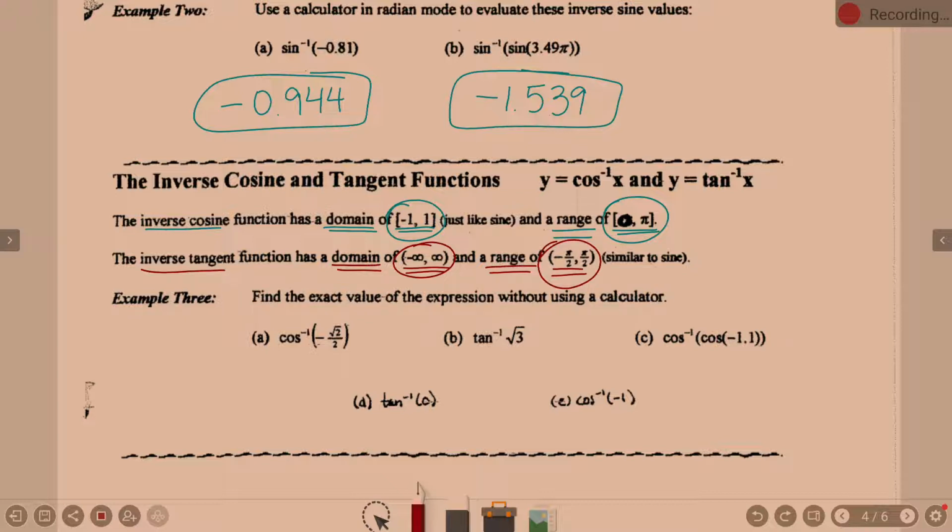Notice it says similar to sine. Why is it slightly different from sine? These are parentheses, whereas up on sine, it was brackets. So on sine, it could include -π/2 and +π/2. On inverse tangent, it goes all the way up to -π/2 and +π/2, but it does not include them.